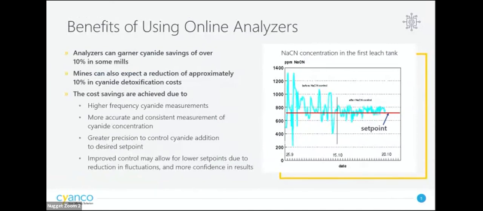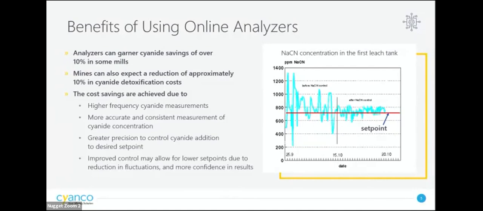The main benefit of using cyanide analyzers is that they allow higher frequency, more accurate, and more consistent measurement. This graph shows two sections. On the left, this is before the cyanide analyzer was installed, and you see the fluctuations, the readings are all over the place.